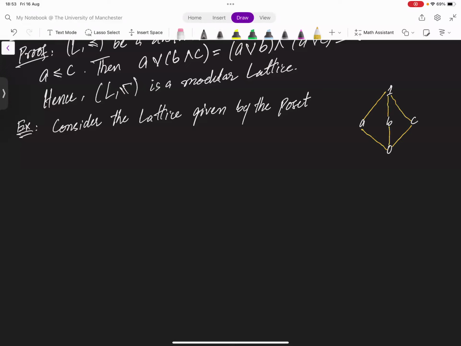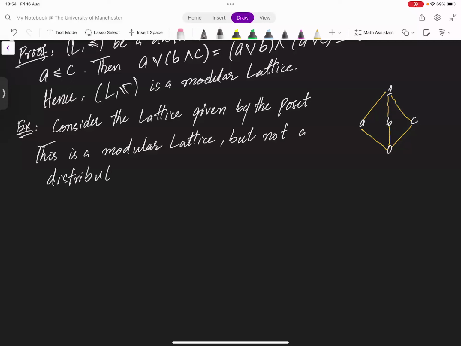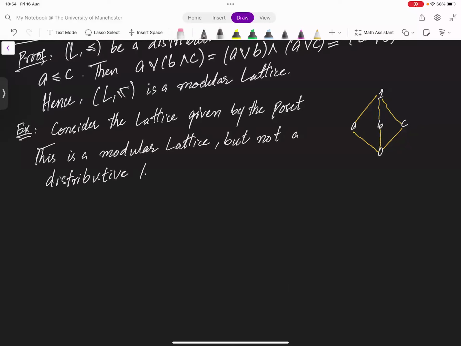Perfect. Now this is a modular lattice, but not a distributive lattice. Why?